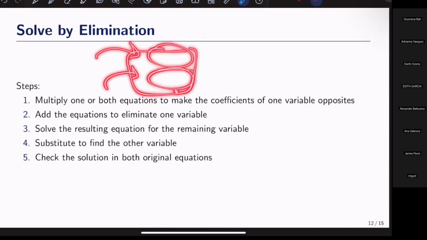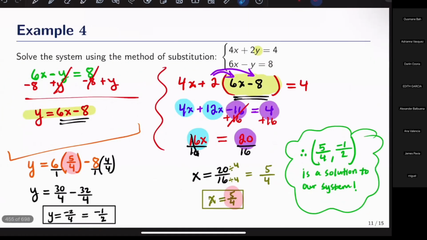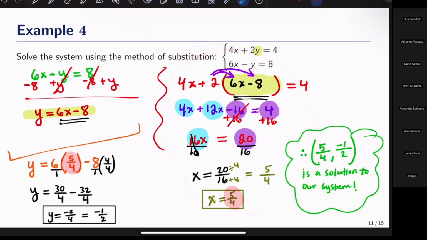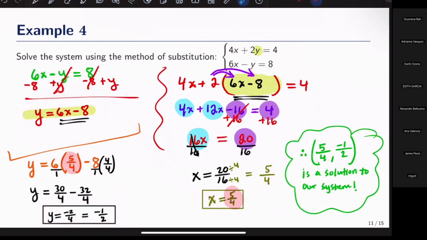Whereas with substitution, once you take care of the substitution portion, you don't really have to go back into both of these. You can just go straight back to the work that you did with isolating one of those variables in order to easily solve for your y. But there are pros and cons to both.